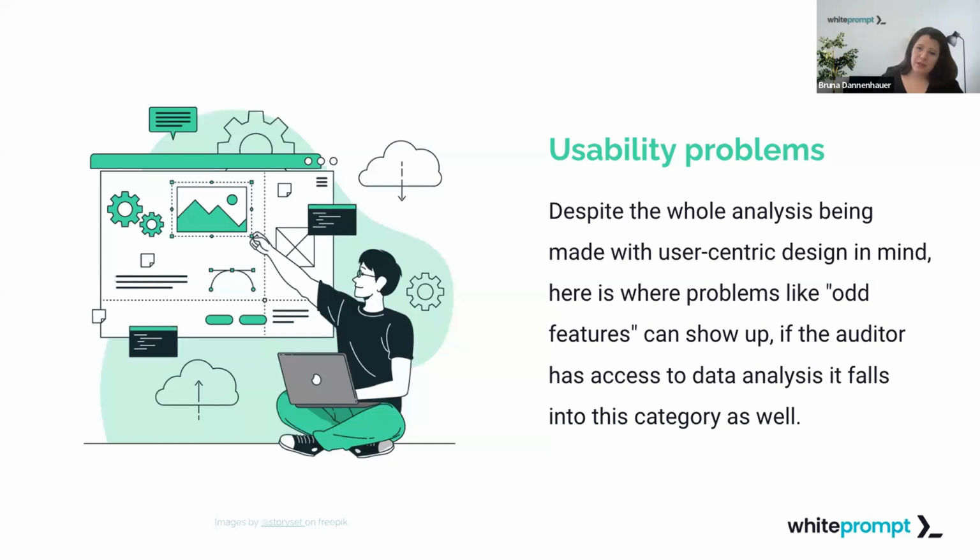Of course, the whole analysis is made in a user-centric manner, right? But if, like I mentioned, some features are not right for the product, or are not implemented in a way that makes sense for the product, that's where it falls and it enters this category.